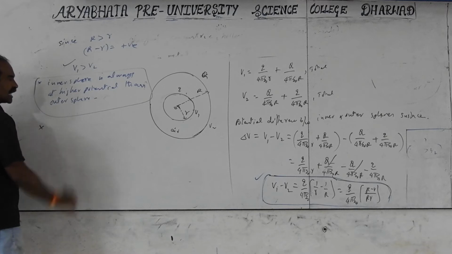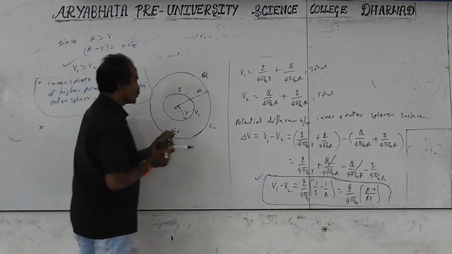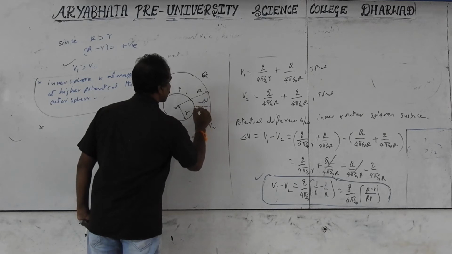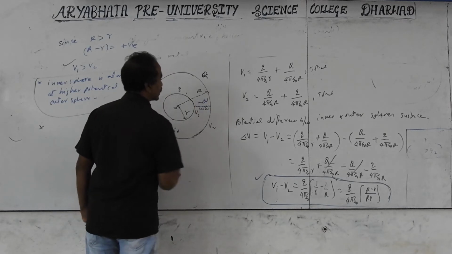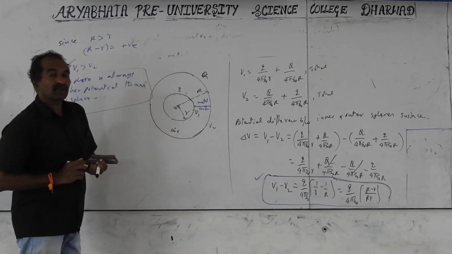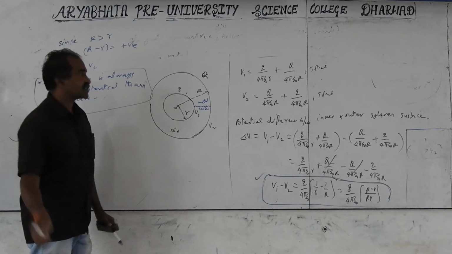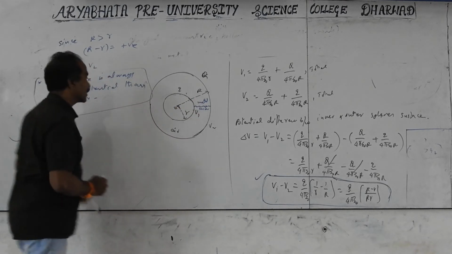And what happens if they are connected with a connecting wire? If I join these two with a metal wire, then positive charges always travel from the inner sphere to the outer sphere.